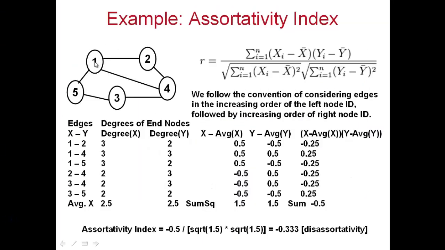So for example, given this graph and the edges in this graph, considering all the edges, are the end vertices of the edges having similar degrees or different degrees? If the end vertices of the edges have similar degrees, then the graph is said to be assortative in nature.